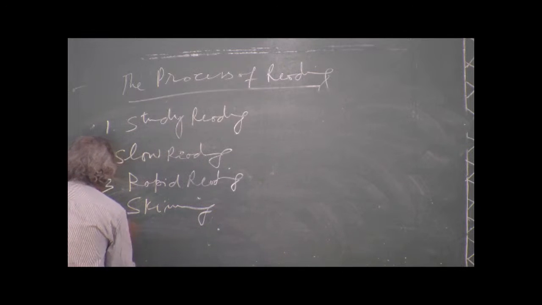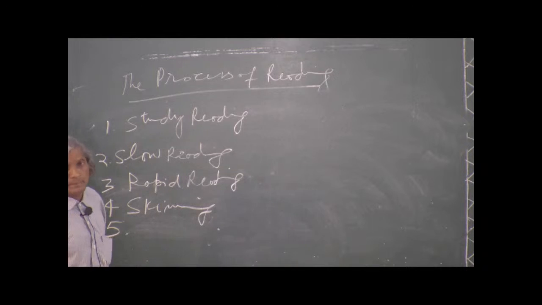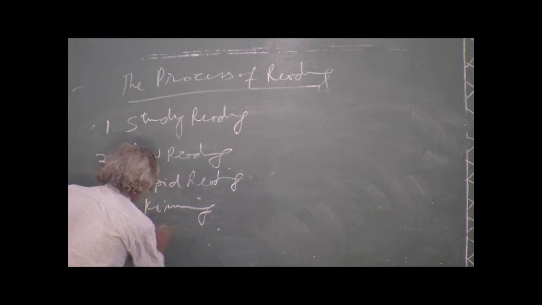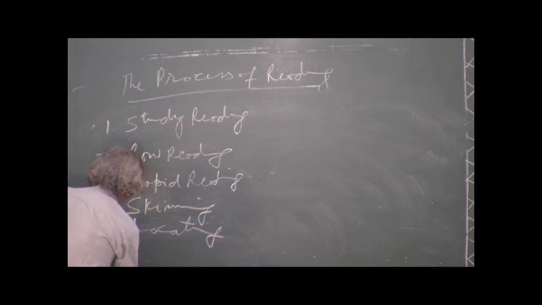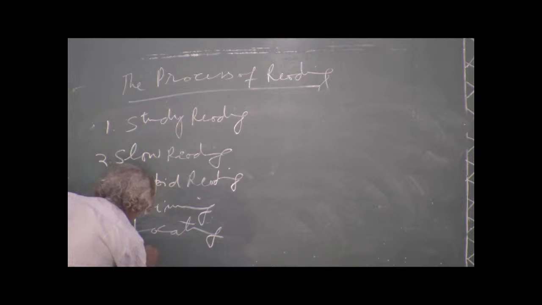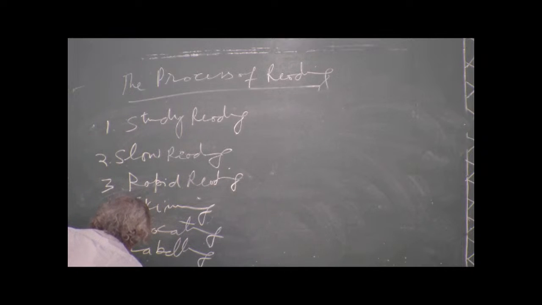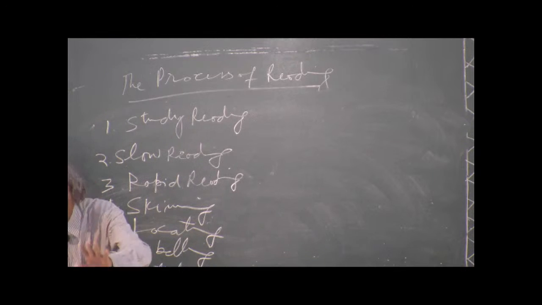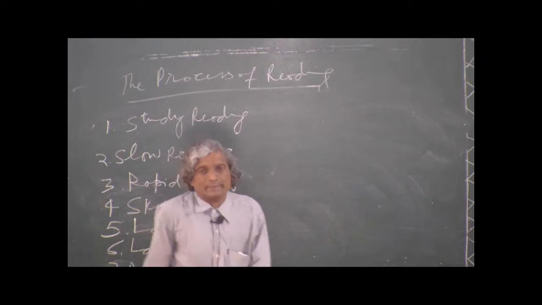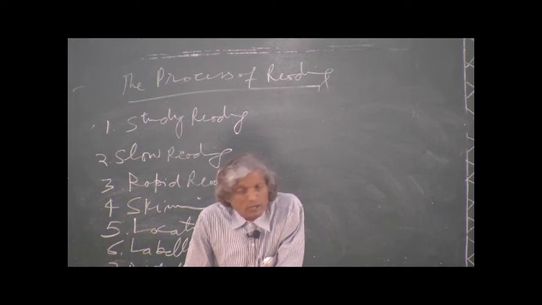Number 5, locating. Number 6, labeling. And number 7, dictation. Study reading, slow reading, rapid reading, skimming, locating, labeling, and dictation. These are the 7 kinds of reading. Now let's know what they are.